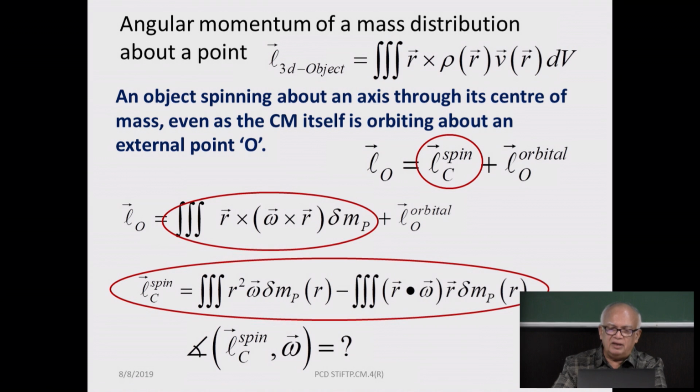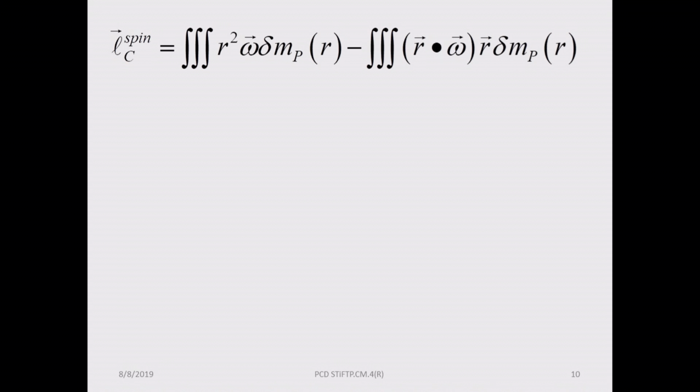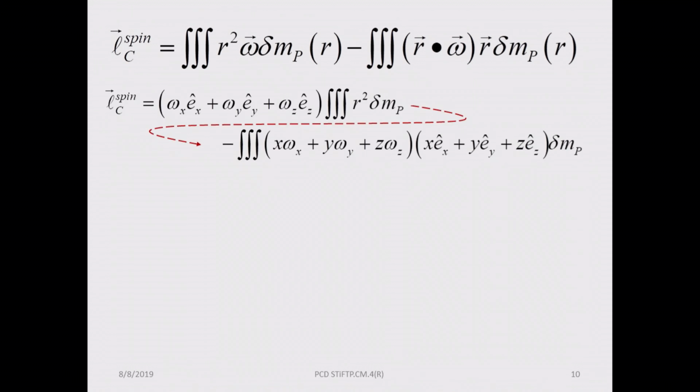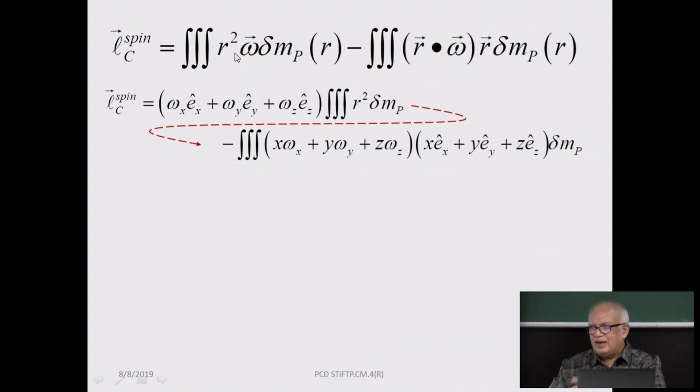Okay, so there can in general be an angle between these two, and we have to handle these two terms carefully. In the first term, you have r squared, which is like x squared plus y squared plus z squared, if you like, in Cartesian geometry. And in the second term, you can expand this r dot omega as the sum of the product of the corresponding components, right? And then you have the position vector r, which is expressed in a certain coordinate system Ex, Ey and Ez.